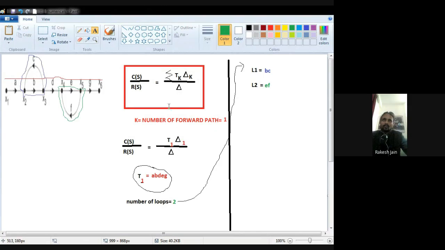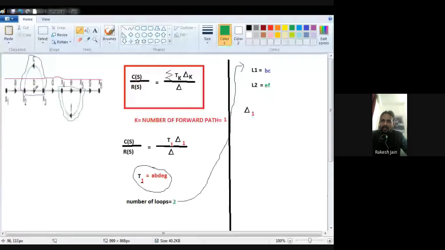Here only del 1 is present, so first of all you should know what del 1 means. Del 1 means the loops which do not touch the first forward path. Now see in this question, with the red color line I show the forward path direction. The first loop, the blue encircled loop, has one branch B which is on the forward path, so it touches.